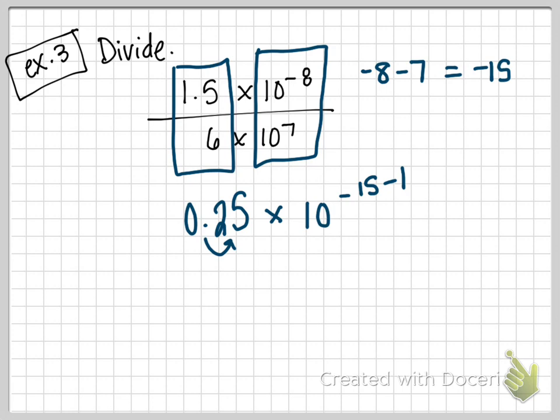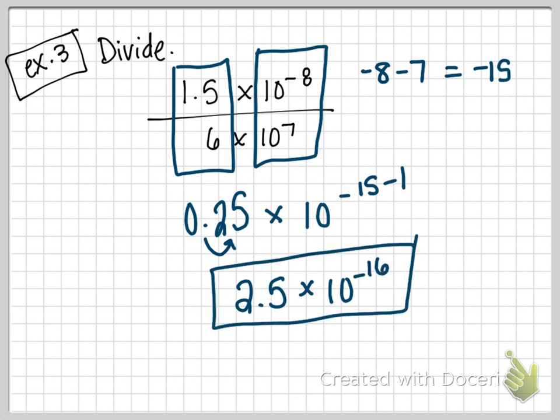So that's negative 16. Very good. 2.5 times 10 to the negative 16th. So you do the same thing. Divide the factors, and then because we're dividing, we have the same base, we subtract the exponents. Good? Try another one?